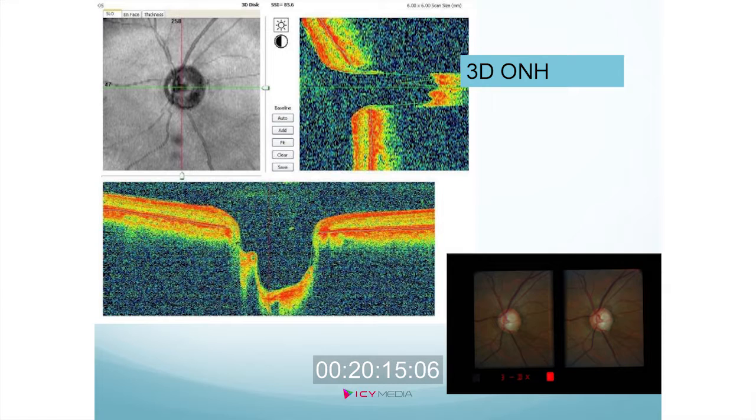Are there elevations, are there depressions for any reason in the peripapillary space? This is a normal printout. You get that normal U-shaped dip at the optic nerve. Any elevations or depressions would change that contour and make it look different. So essentially in this patient, the optic nerve looks fine, the contour looks fine, the pit looks fine.